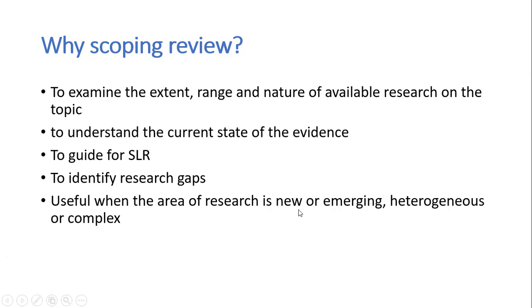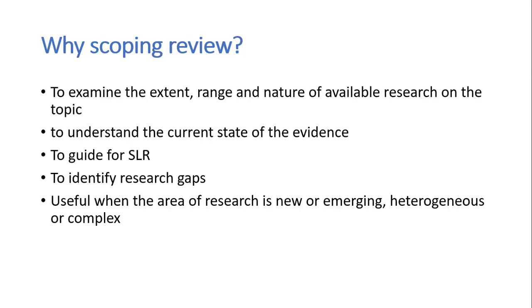So when your current research area is very new, and you don't know what actually exists in the literature, or your area is an emerging one, like there are many areas which have come up, like CAR T cell therapies, immuno-oncology, 3D cell cultures, and so on. When your area is new and emerging, you can do the scoping review.